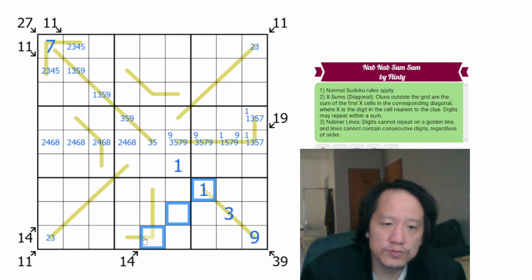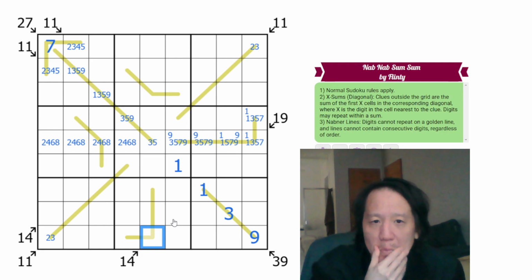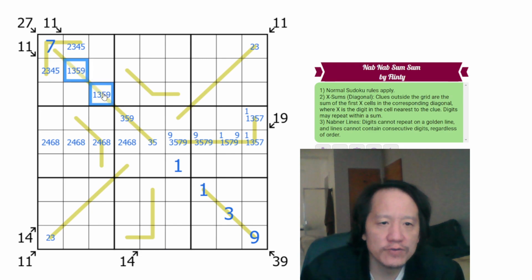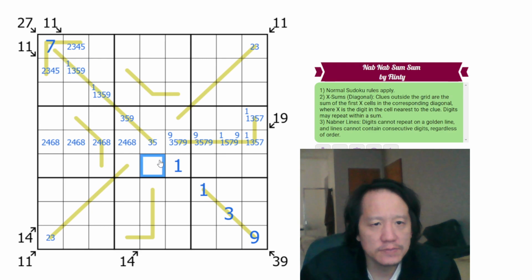We know this is 1. So 1 has to be one of these two. I'm not sure which. This can't be 1 then.